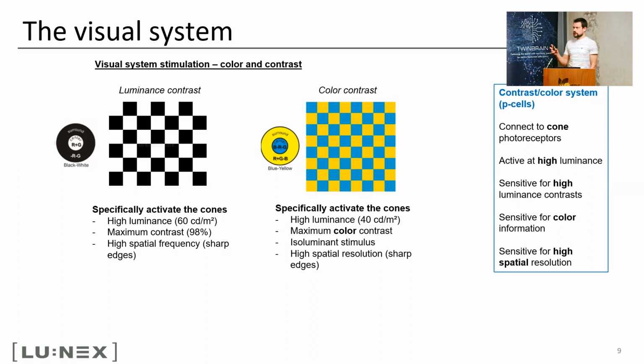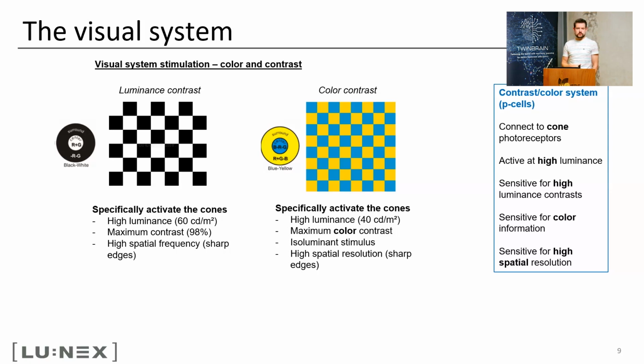And this is reflected, for example, in these so-called chessboard stimuli. These are pattern reversal chessboard stimuli. Reversal just means you have this chessboard with, on the left side, black and white, and this changes from black-white to white-black, back and forth. That is meant by pattern reversal. Why are we using these stimuli? Well, we can have a high luminance, for example 60 candela per square meter.